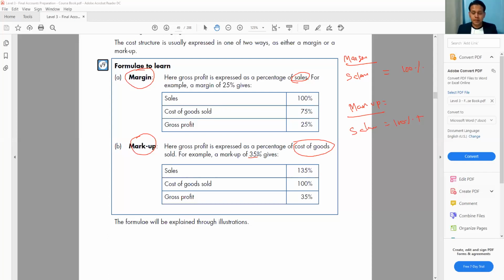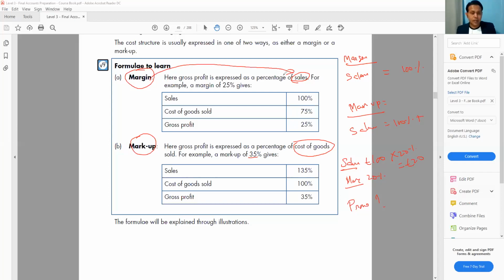So in the exam, if they say sales £100 and margin 20%, and they ask for the profit, you will straight away calculate 20%, and the profit is 20, because sales and margin are linked. Sales always go with the margin.